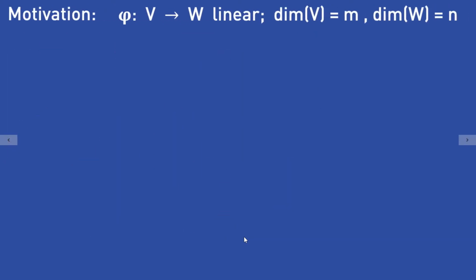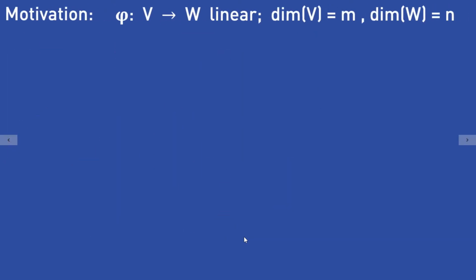Okay, before we start, I want to motivate this topic a little bit. I want to show you why the matrix representation of linear mappings is extremely helpful. So let's assume you have a linear mapping phi between two vector spaces V and W over a field K. The dimension of V is equal to m and the dimension of W is equal to n.